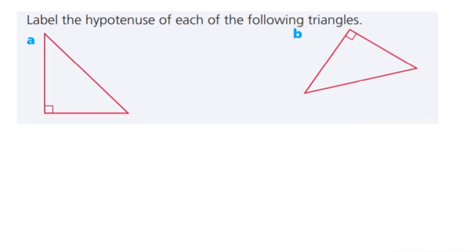You need a reminder for how to label the hypotenuse. Remember, it's opposite the right angle, like this. And for this topic, we're calling it h. H for hypotenuse. This next triangle here, opposite the right angle, this is the hypotenuse.